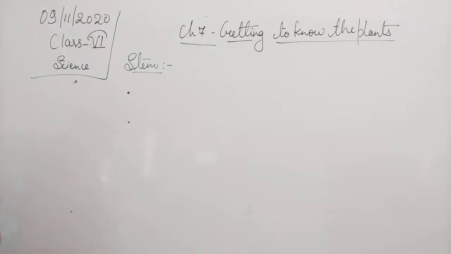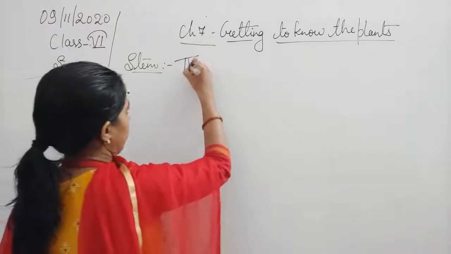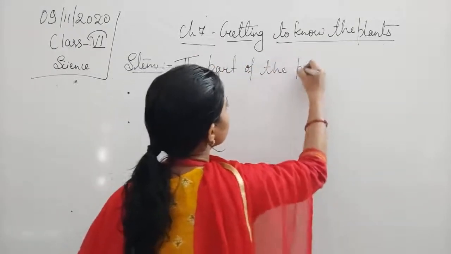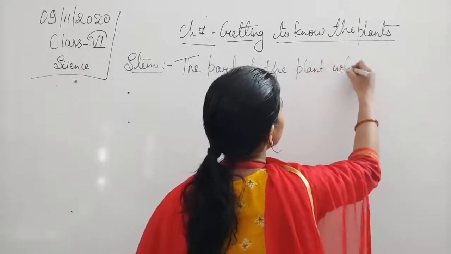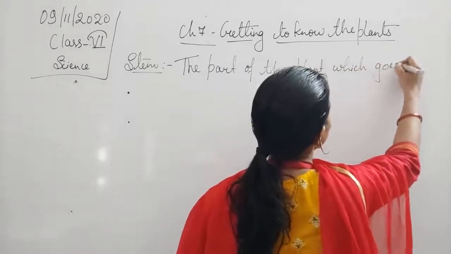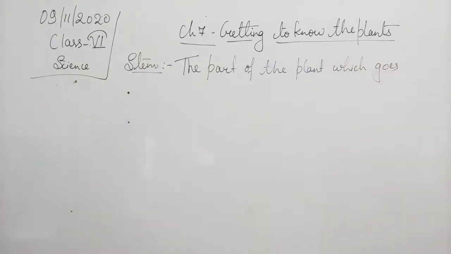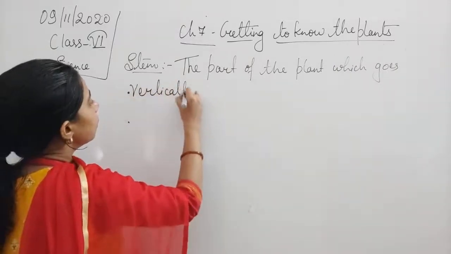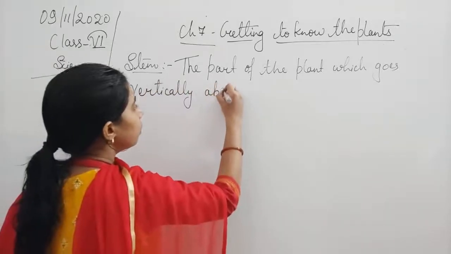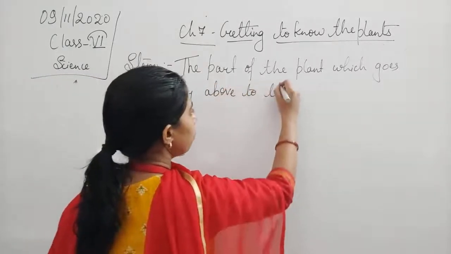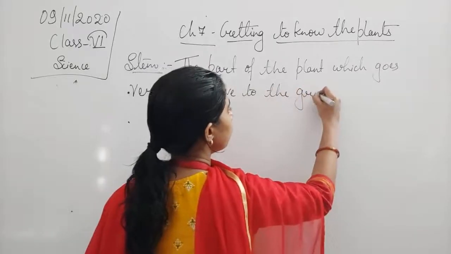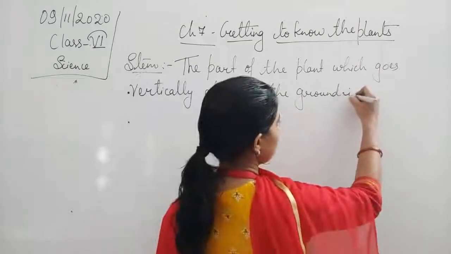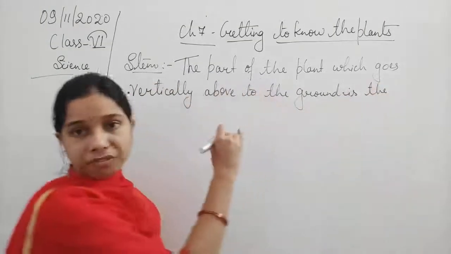Okay, so we can write it. The part of the plant which goes vertically above the ground is the stem of the plant.